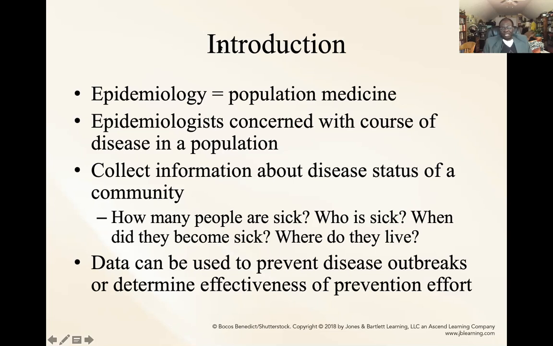Collect information about disease status of a community. How many people are sick? Who is sick? When did they become sick? Where do they live? See, these are some of the main questions that they are asking.